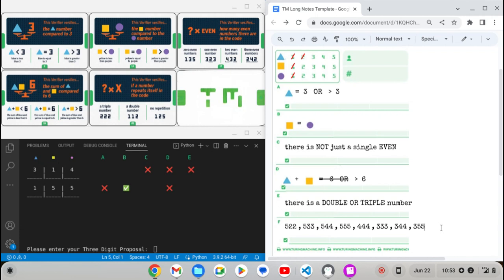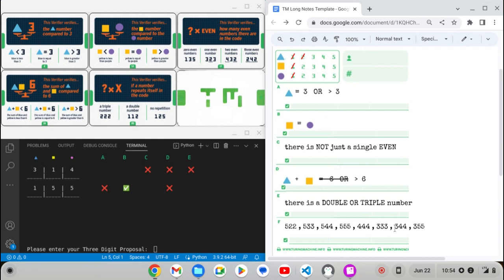Okay, so there are 4 that start with 5, a triple 4, and 3 that start with 3. We're going to need to start whittling it down. So I think I'm going to go with something that starts off with 3, and either there are going to be 2 evens or no evens.